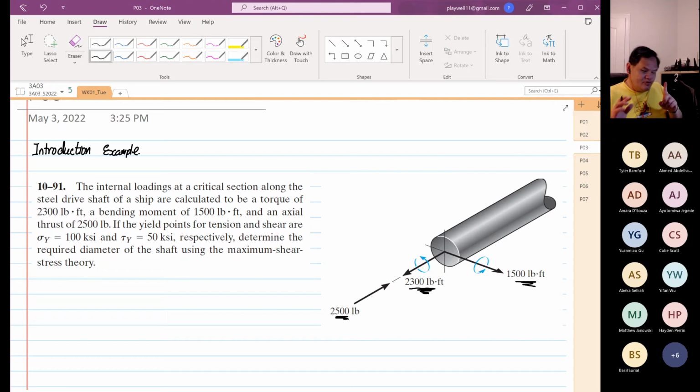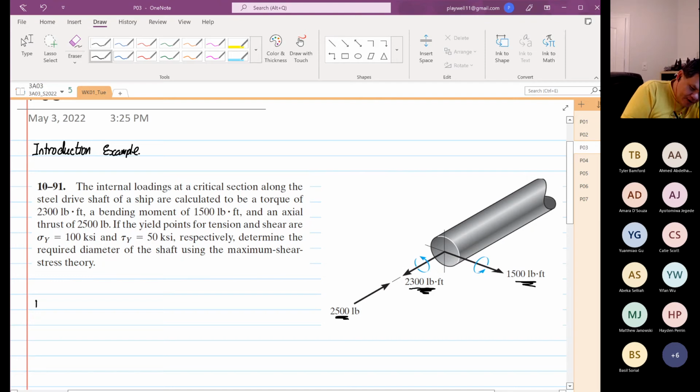Okay, so you can see this is really interesting. We are given that the yield, right, is equal to positive 100 times 10 to the power 3 psi.